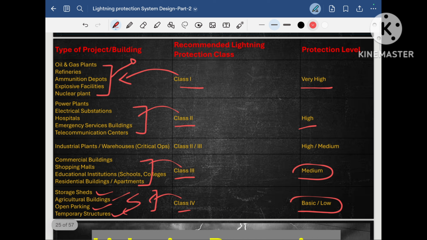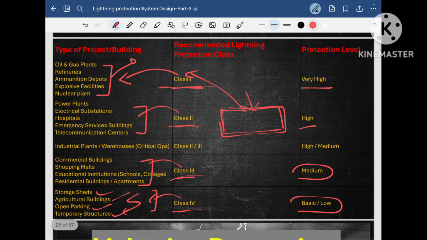Hope you are very clear with this point. As I told you, the project I took as an example is a worker accommodation, where the workers are accommodated inside. For this project we have to select which class, class 1, 2, 3 or 4. So we have to analyze our worker accommodation project using 4 terms.